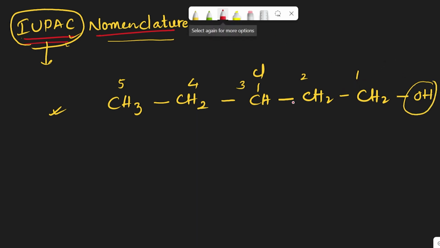Five carbons means it is called pent, and it contains a chlorine substituent at the third carbon. It is named chloropentane because all are single bonds here, and it contains an alcohol group at the first carbon, so 1-ol. So 3-chloropentan-1-ol. This is the IUPAC name of the given compound.